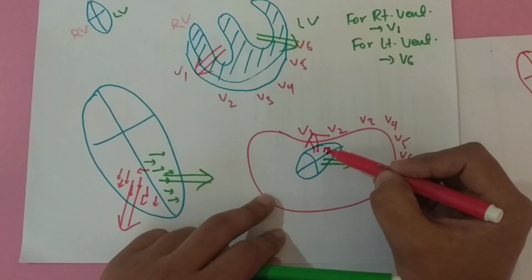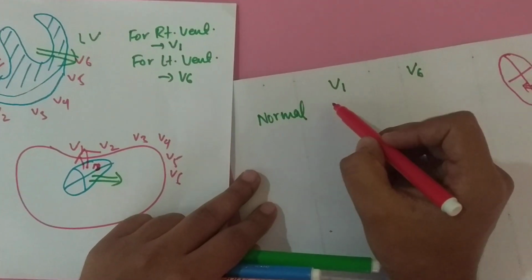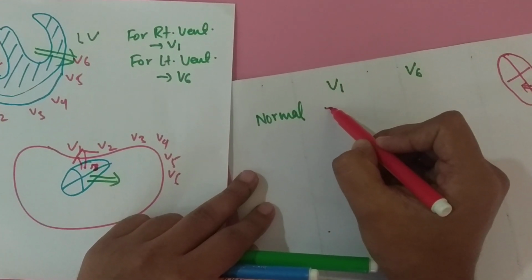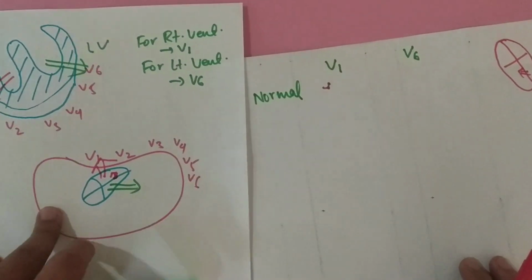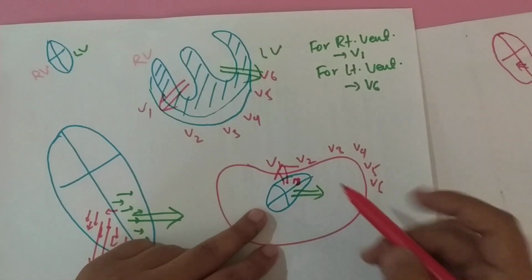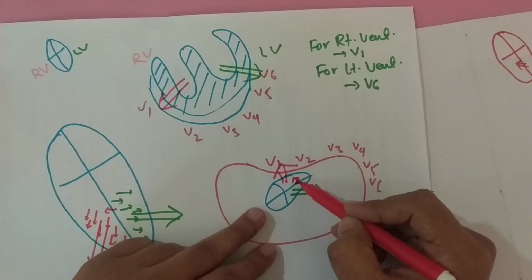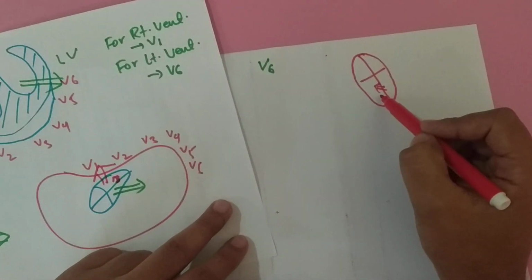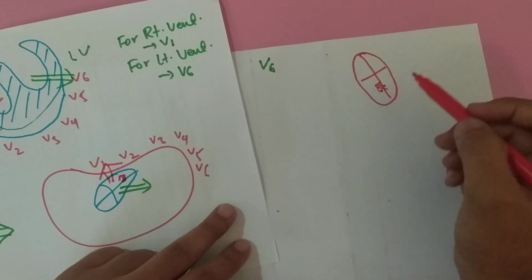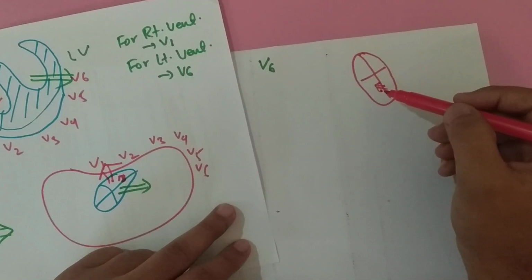And since the direction is towards V1, there will be a slight positive deflection. After that, the septum becomes depolarized. Now this septum has become depolarized, and now the ventricles start to get depolarized.